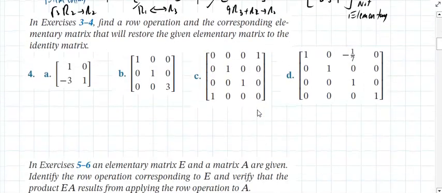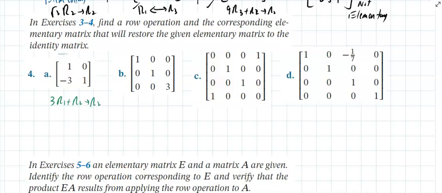So, how about this problem right there? It's asking find a row operation and the corresponding elementary matrix that will restore the given elementary matrix to the identity. So you want this to become the identity. How would you do that? Well, for this to become the identity, we would take 3 row 1, add it to row 2, put the result in row 2.